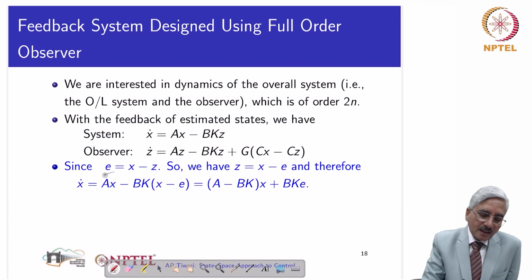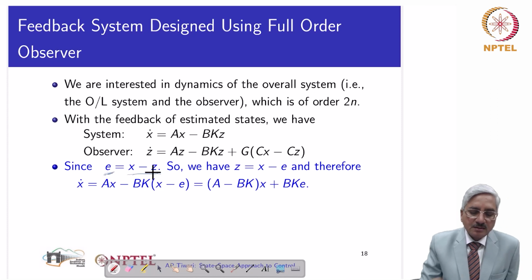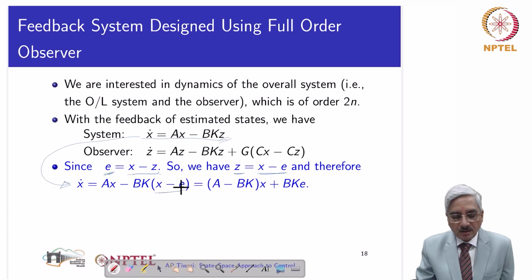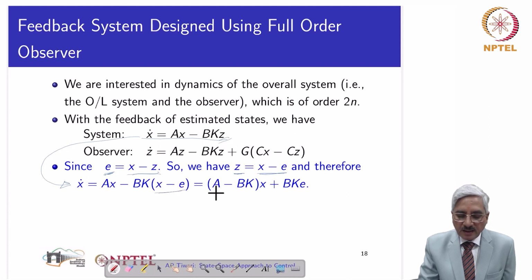We had defined error e as x minus z. From this we will have z equal to x minus e, and therefore this equation becomes this: x dot is Ax minus BK, in place of z we have x minus e. So we get (A minus BK)x plus BKe.